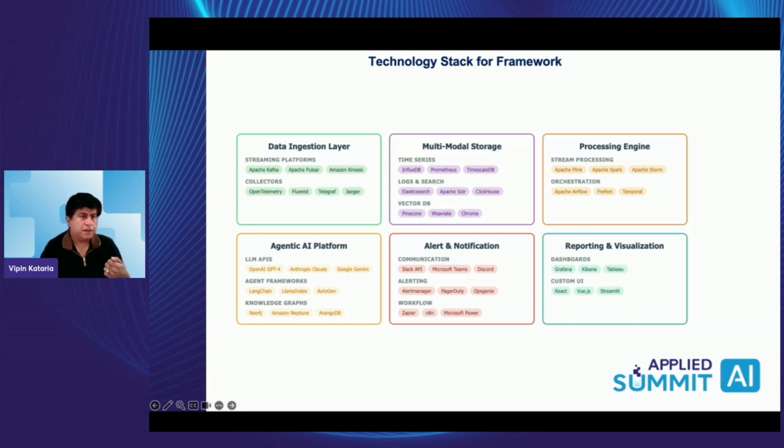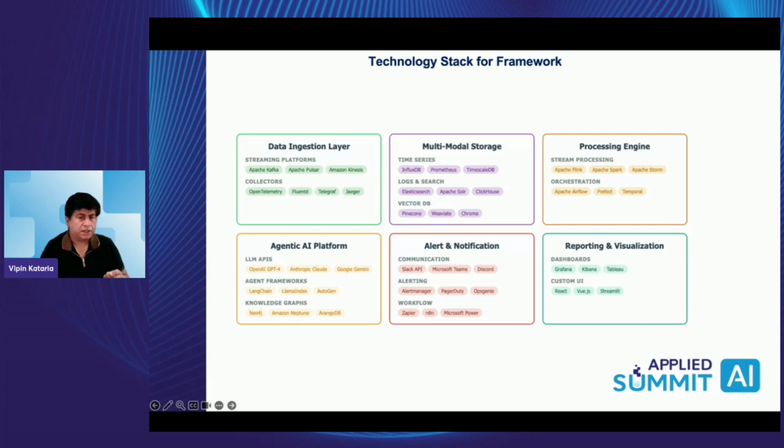To start with, you have the data ingestion layer. You can use, let's say, Apache Kafka for streaming and a collector for telemetry. For multi-model storage, you can use InfluxDB for time series, Elasticsearch for logs and search, and a vector DB like Chroma. For the processing engine, you can use Apache Spark.